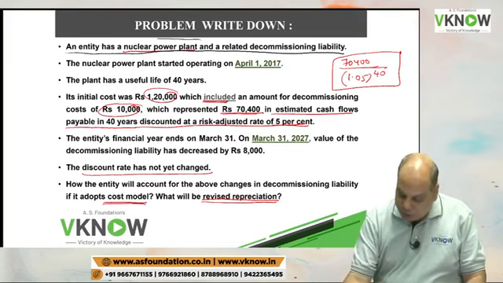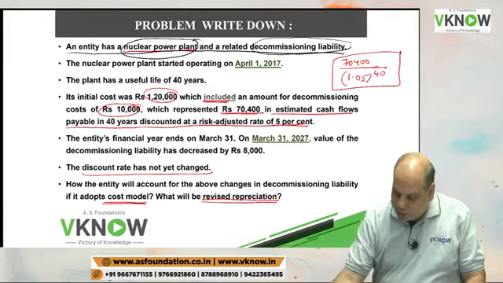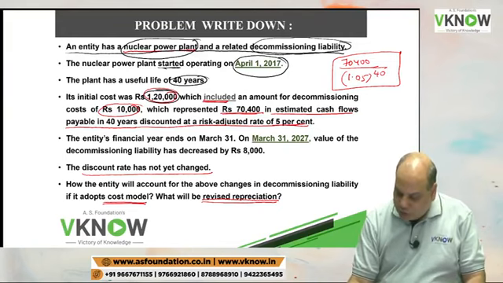So the company has created a decommissioning liability. 1st April 17 is the starting date, useful life 40 years. Its initial cost is 1,20,000, which included an amount for decommissioning cost of 10,000.